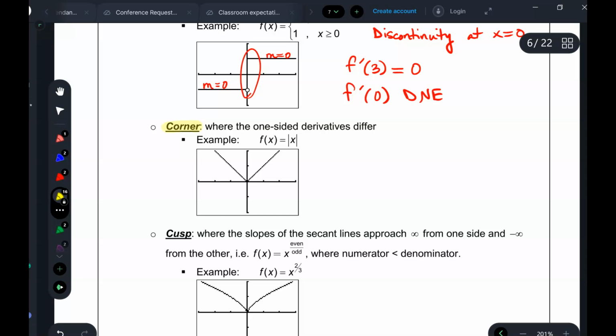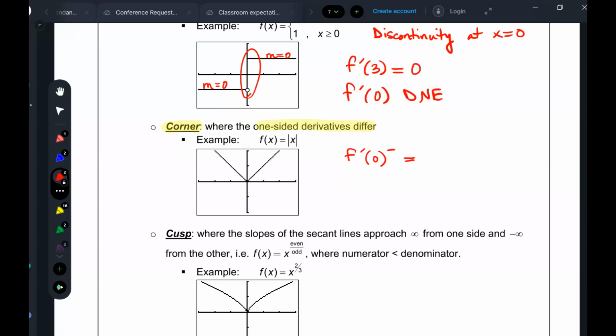All right, next one is a corner. So we've actually seen corners, but here's the actual definition. It's where the left and the right side derivatives differ. So for example, the derivative at 0 from the left. So again, here's my tangent line, my pencil, I'm holding it.